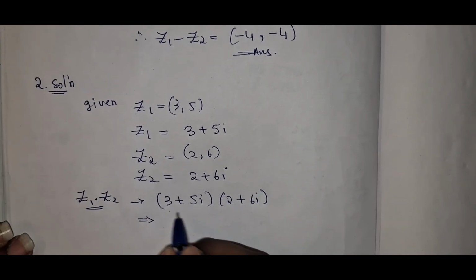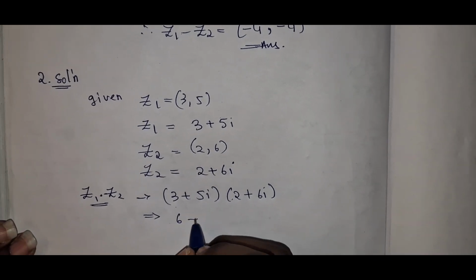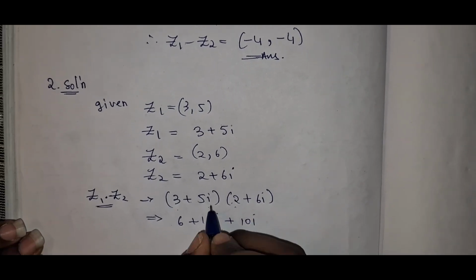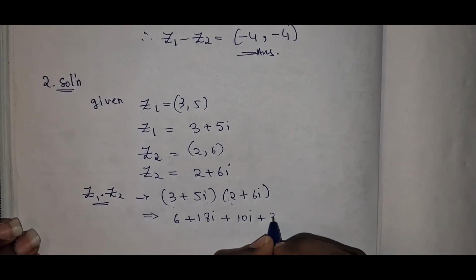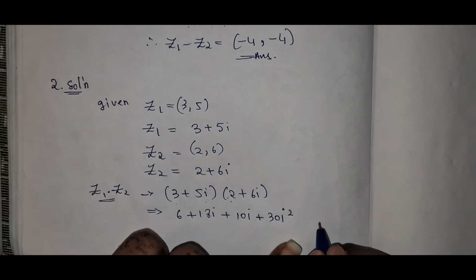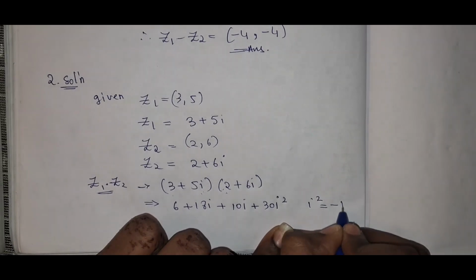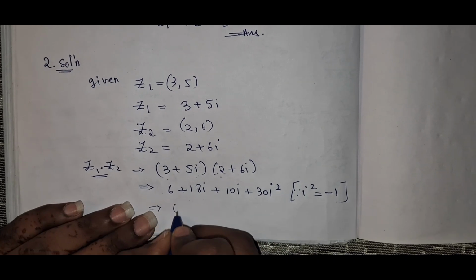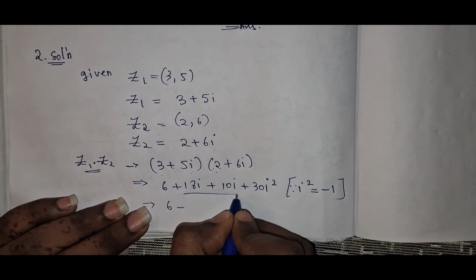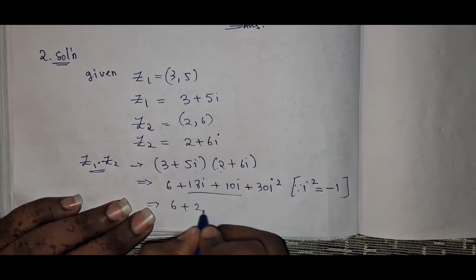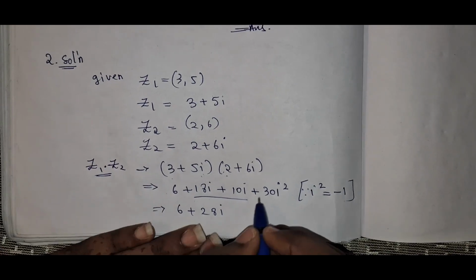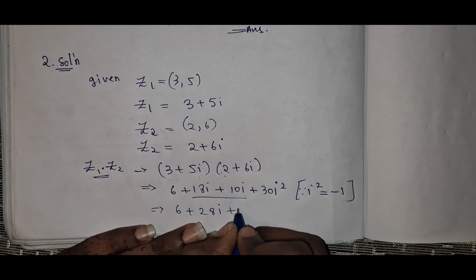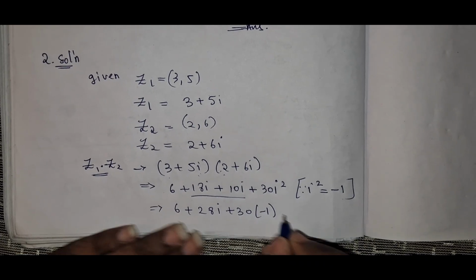Multiplying, 3 twos are 6 plus 18i plus 10i plus 30i square. We know i square is equal to minus 1. So adding these both terms, we get 28i. As i square value is minus 1, substituting, we get plus 30 into minus 1.